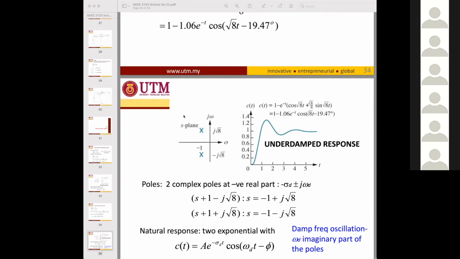And this behavior of the roots will cause the response to become an underdamped response. Everybody follow me. Underdamped response.